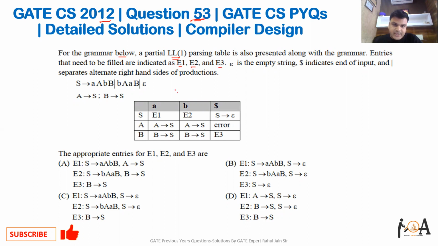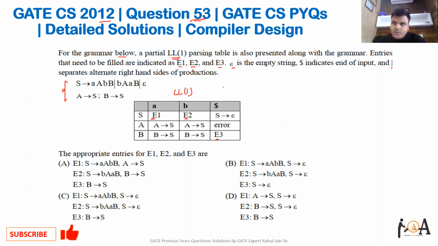So this is the partially filled LL1 parsing table we have, and we need to fill the entries E1, E2 and E3 here. Epsilon is the empty string, dollar indicates end of input, and the separator separates alternate right hand sides of the production. Okay, so this is the grammar production which we have right now.